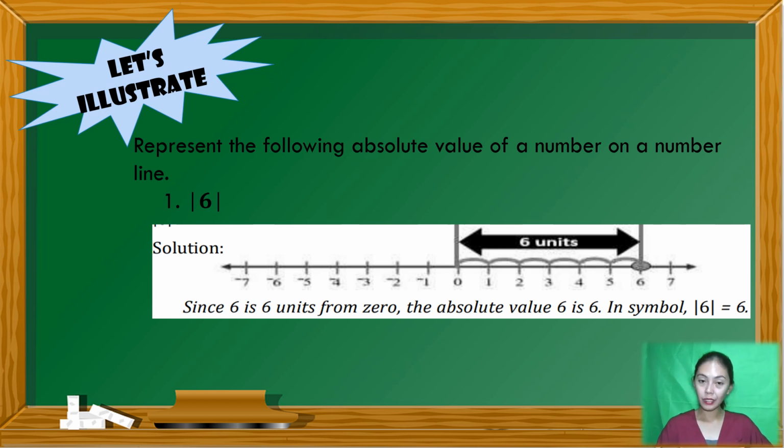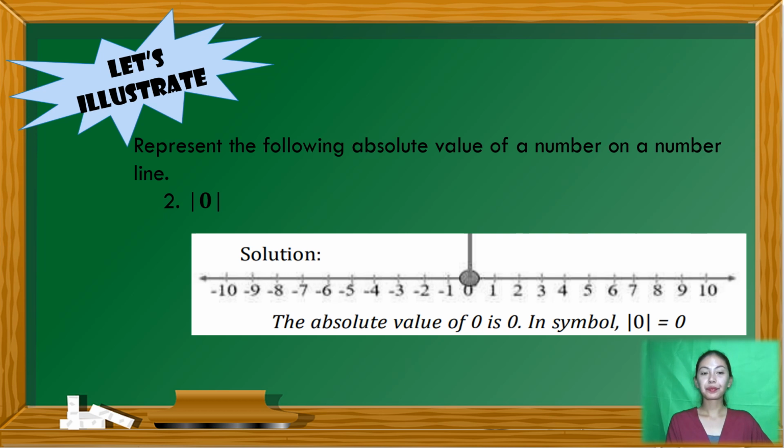If our 0 is here, the distance from 0 to 6 is, we count 1, 2, 3, 4, 5, and 6. Thus the distance is 6, or the absolute value is 6.